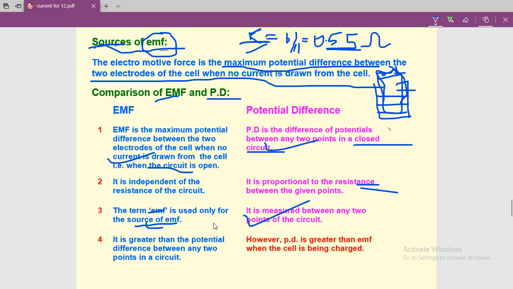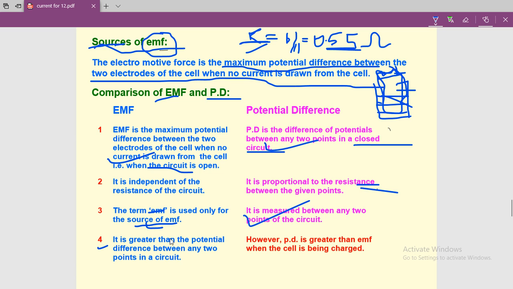Now the fourth one is that EMF is greater than the potential difference between any 2 points of the circuit. This one is very interesting. You can see EMF is the maximum value of the potential difference in this circuit, but potential difference is a characteristic property of any part of this circuit.